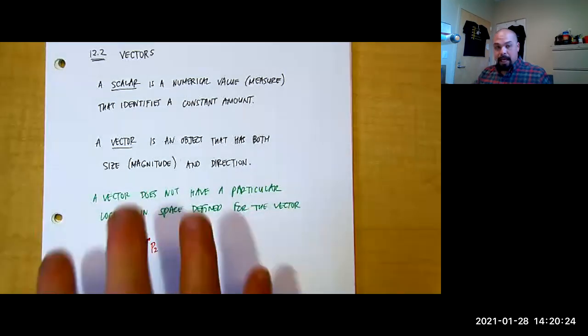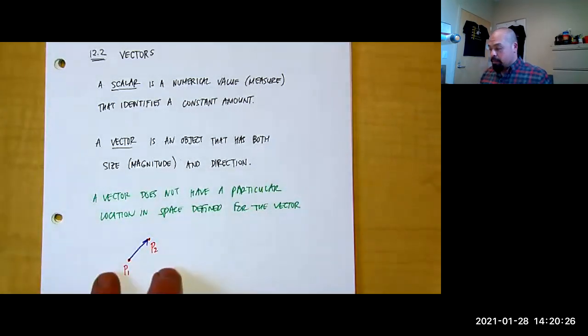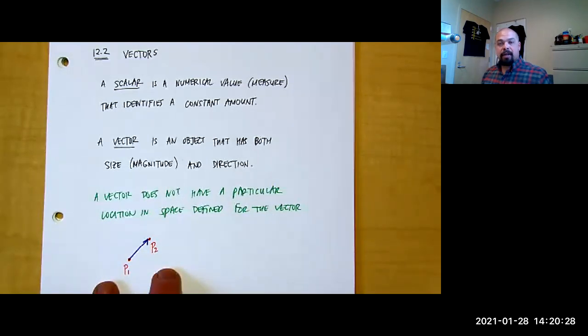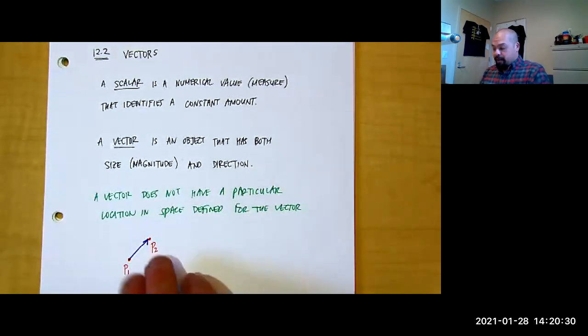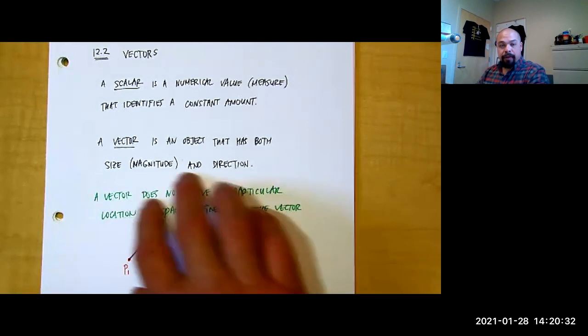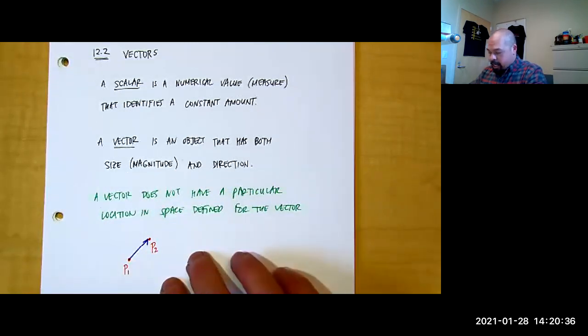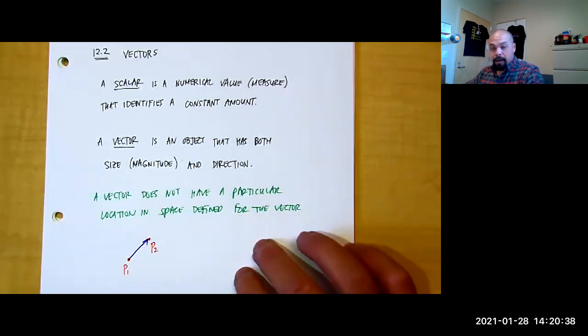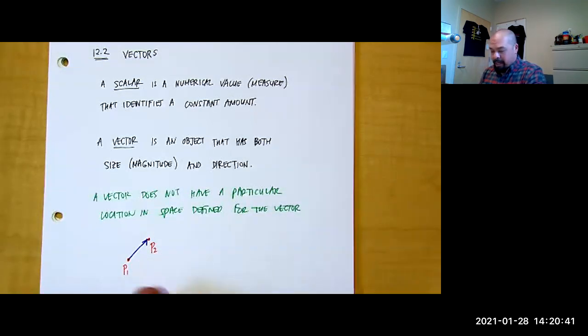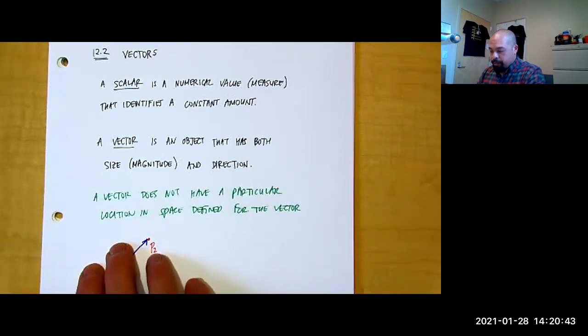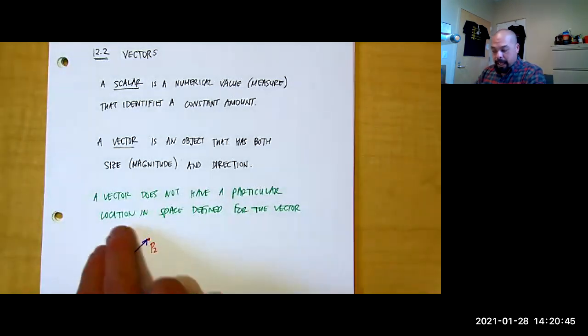So we can overlay our coordinate system to imagine where this would be in space. But truly, this vector could be shifted around. Taking that particular vector, the size isn't going to change, even if I just shift my paper over. The direction, as long as I maintain that angle, that slope, is not going to change.